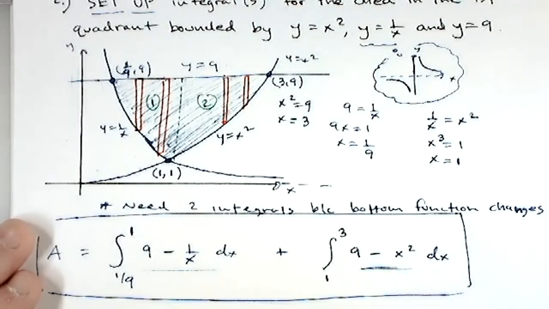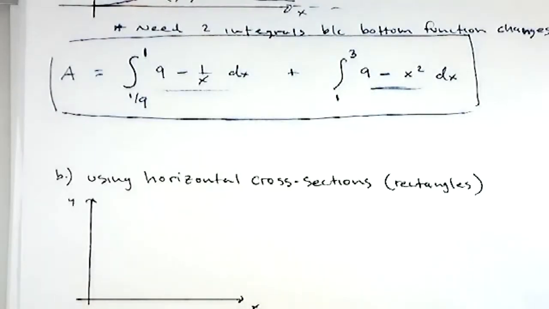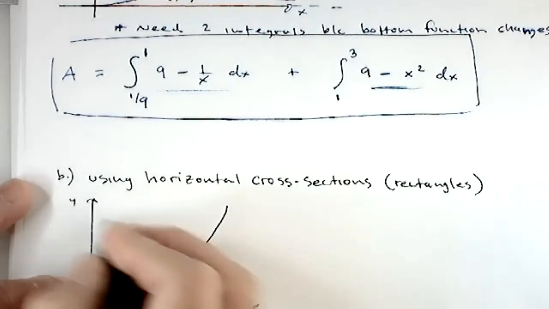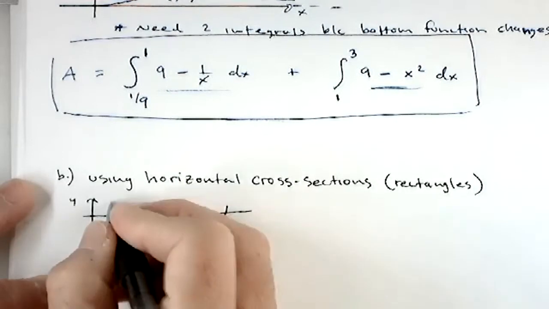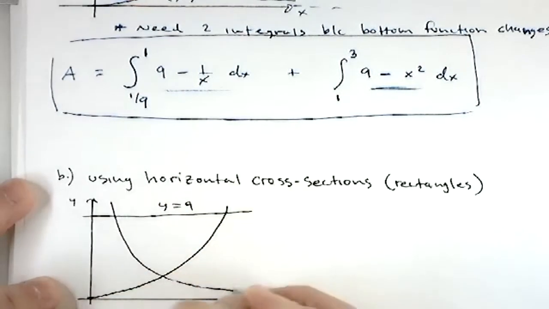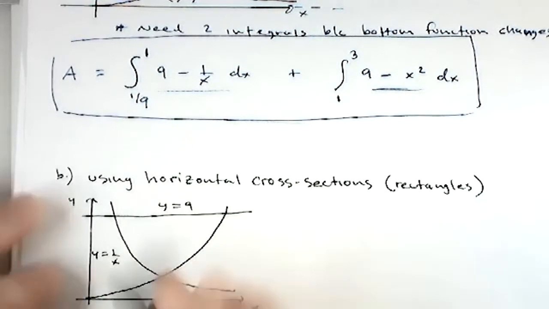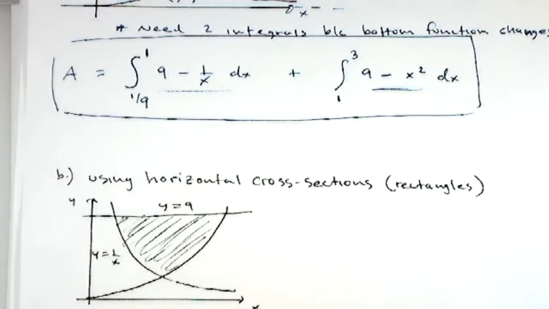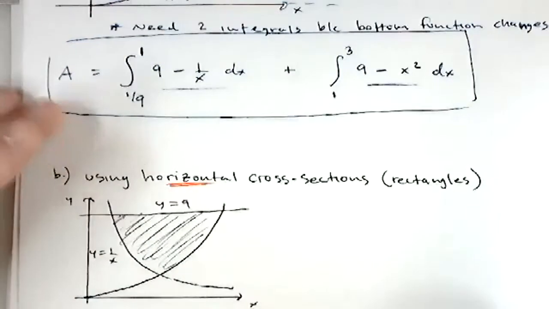Exactly. I'm going to draw a separate picture here because I've got too much going on here already. So I have y equals, we already know the region. If instead we fill up this region with horizontal rectangles, because the integral doesn't care.